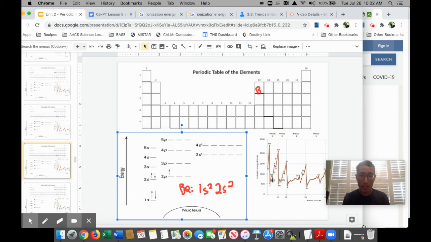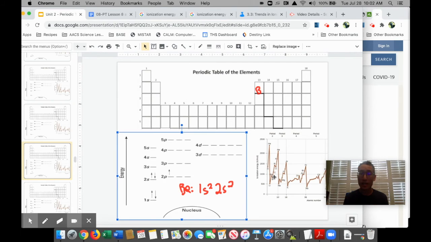What do we see happening here? Three things are going upwards, and that tells me something about how it's filled in. Instead of filling in this other orbital, because if that were to happen, you'd see a little dip down with carbon as well.